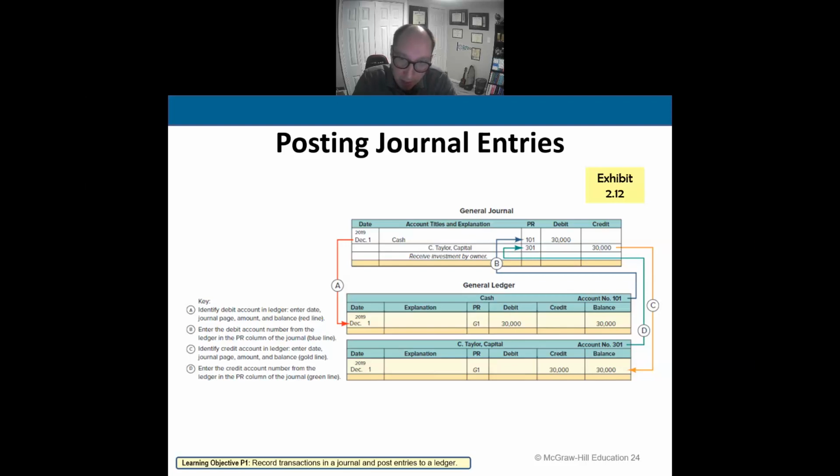We debit the cash to increase the cash, and we credit the owner's equity by 30,000. So assets went up by 30,000. So did owner's equity by 30,000. And that's that transaction from December 1st.